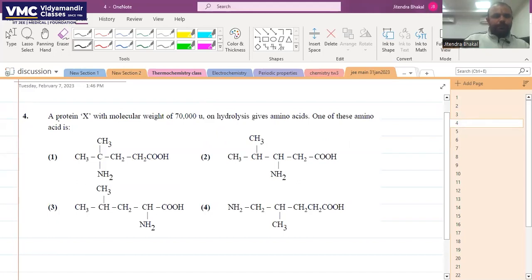Okay, next question. A protein X with molecular weight of 70,000 u on hydrolysis gives amino acids. One of these amino acids is. Now, proteins are basically polymers of alpha amino acids.